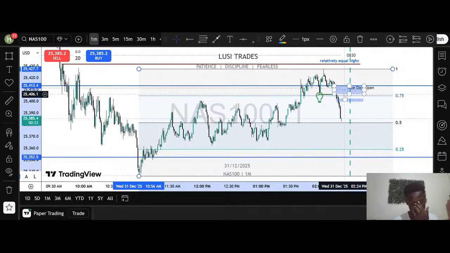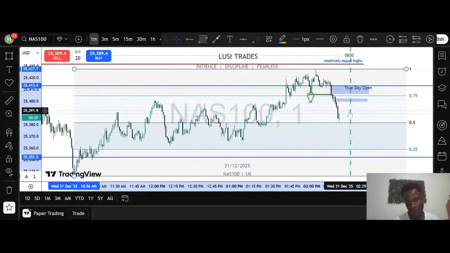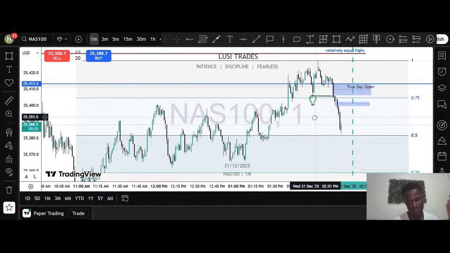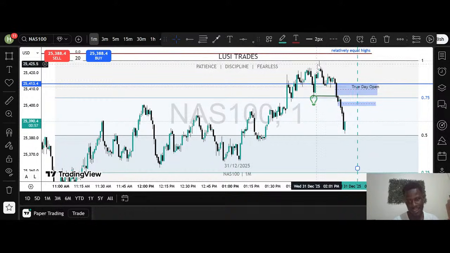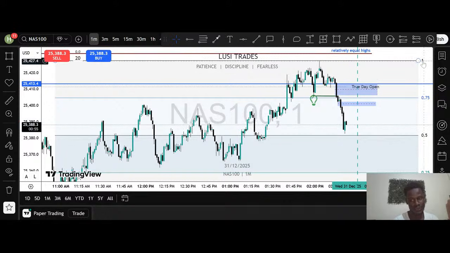So if it can trade back into the equilibrium and then trade to the discount slightly below the equilibrium and then return into the premium, into any level of inefficiency that was left in price, which are the fair value gaps, I want to see that happen. So if it can give me that, then well and good. I'll use that to execute going short.